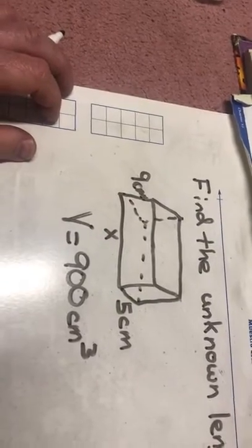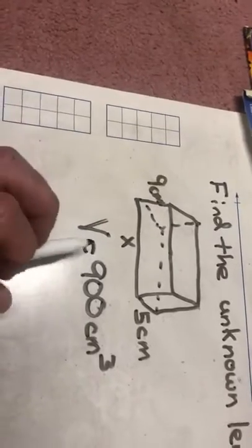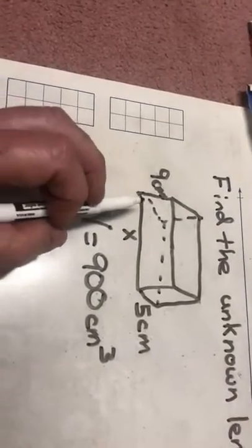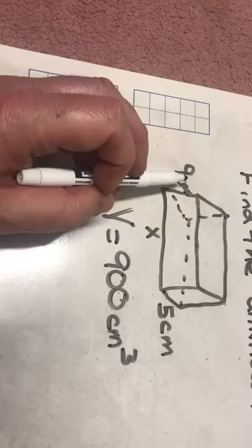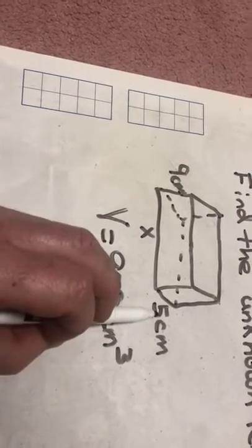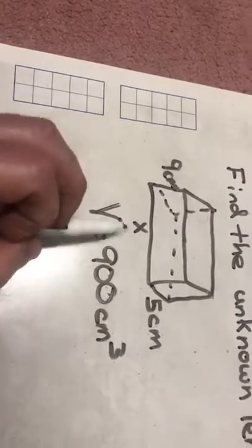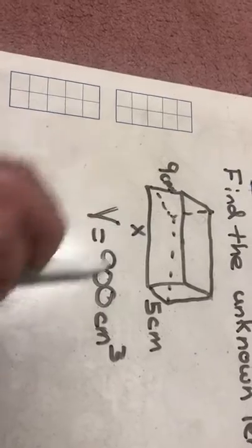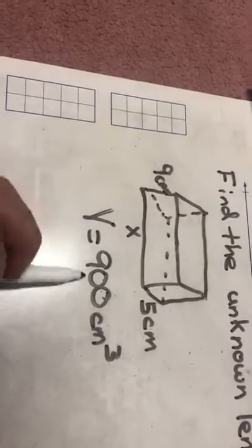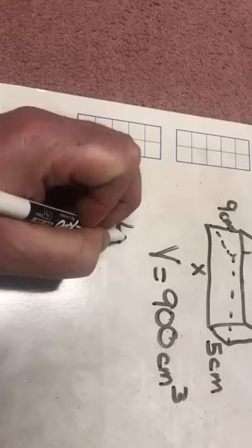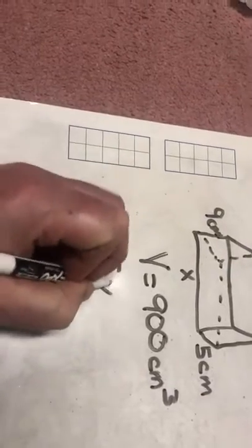Okay, so I know for a rectangular prism, length times width times height equals volume. So I should be able to reason that 9 times 5 is 45, and that 45 times whatever x equals should equal 900, because the volume equals 900. So I should be able to set up an equation.